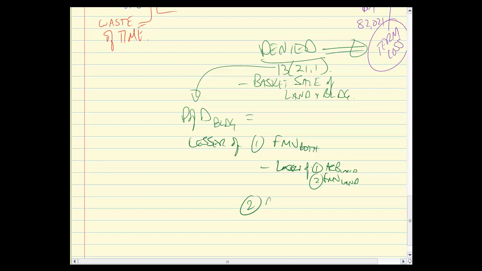The other piece of the lesser of is, of course, a greater of two things: the fair market value of the building and the lesser of, one, the capital cost of the building and the UCC of the building. Okay, so this is just the Income Tax Act showing off, saying, I can make you do a whole bunch of things even though you know the answer, which is not true. It does come out the other way sometimes, but not in our world.